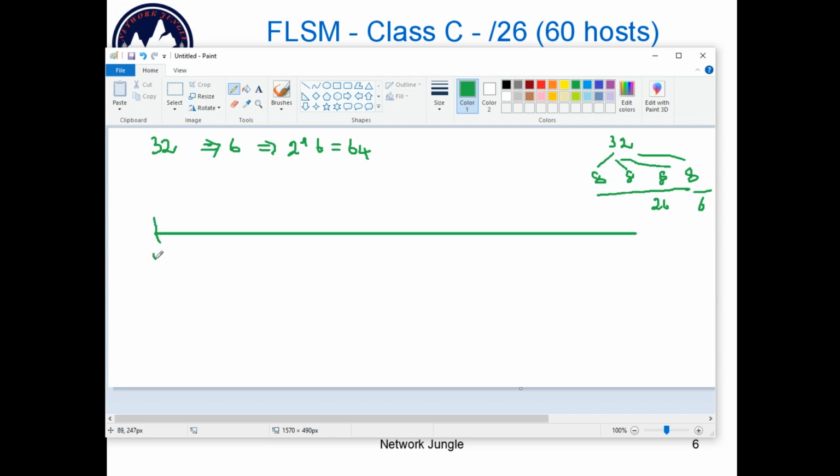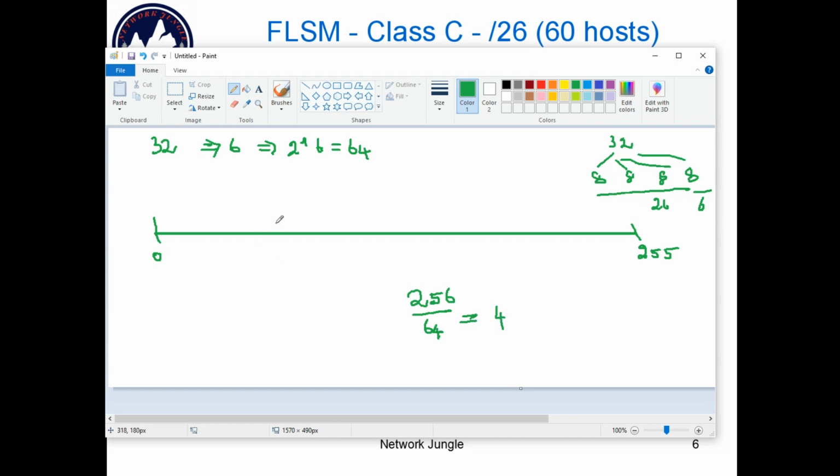Starting from 0 and ending with 255, 2 power 8 equals 256. So 256 divided by 64. How many subnets can we get? That is 4 subnets. You divide 256 by 64 and get 4 subnets.